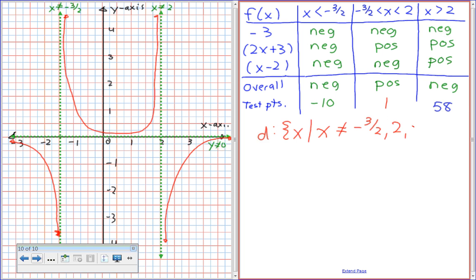Good. Okay, Madison, since you're also Snapchatting last week, please tell me what the range is, please. Yeah, y cannot equal 0 here. And that is the question that's going to be on your test in your final exam.